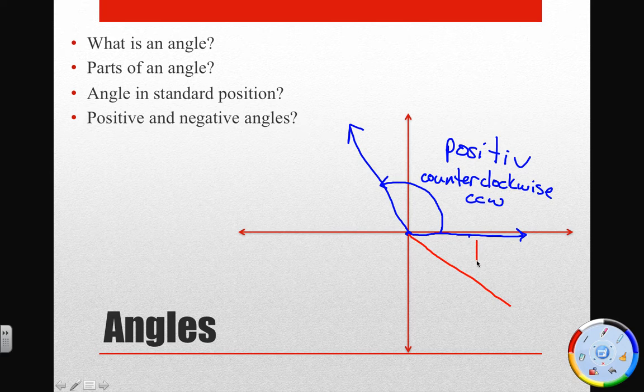If we were to measure this direction, so clockwise, this is a negative angle. So measuring clockwise is negative. All right, so that's pretty basic. Initial side on the positive x-axis. Positive angles you measure counterclockwise, and negative angles you measure clockwise.